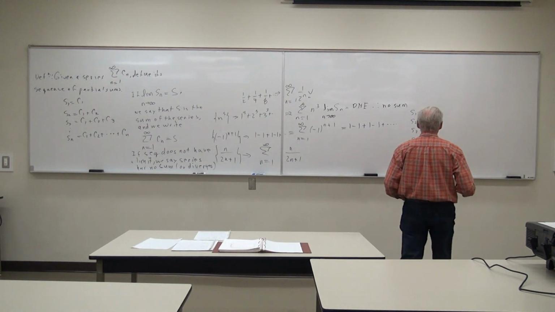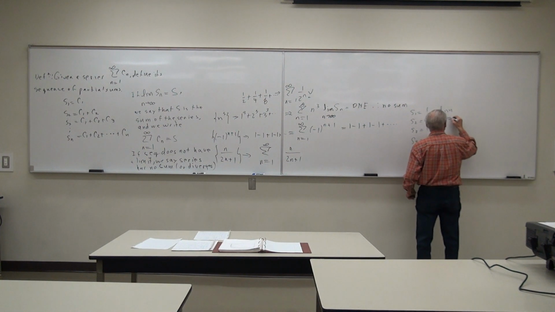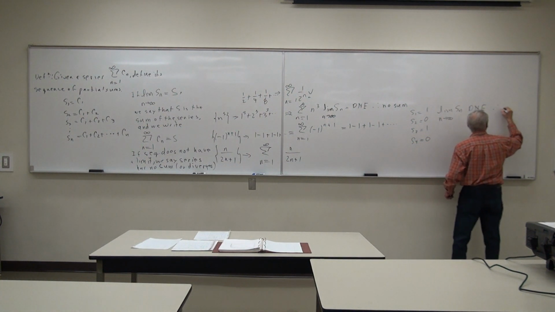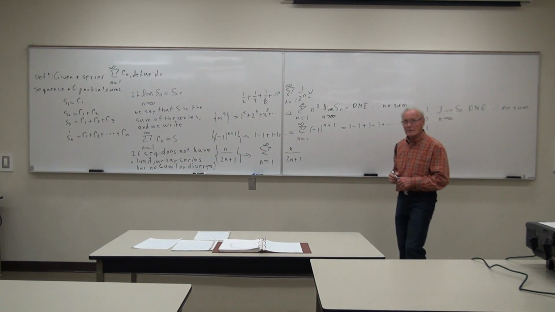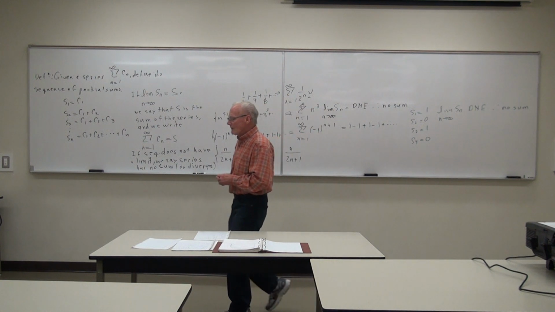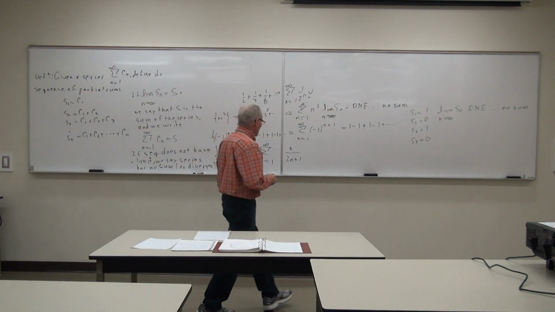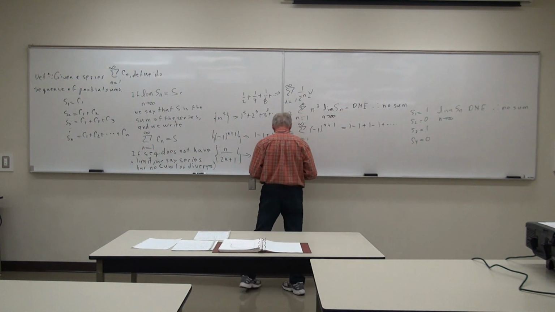The limit as n approaches infinity of S of n does not exist. Therefore, no sum. All right. So don't do strange things. I give you a definition. You use it. Let's look at the fourth one. This one. What do you think about this one?